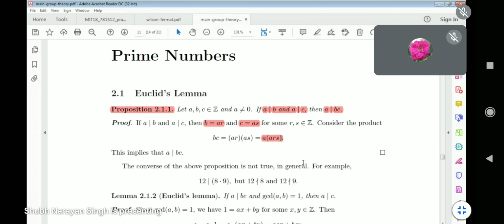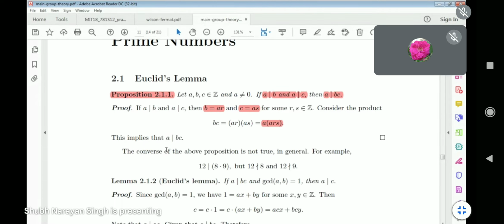And see, what I will write after this proof, that the converse of this above proposition 2.1.1 is not true in general. Why? Because we have a counterexample. See, b is an integer which divides the product 8 and 9.